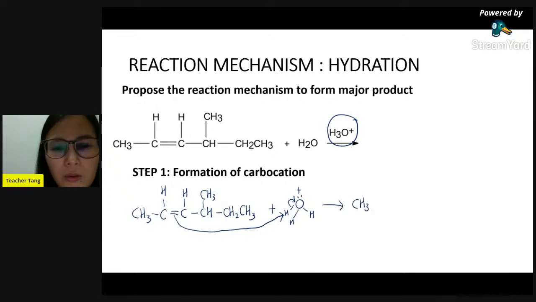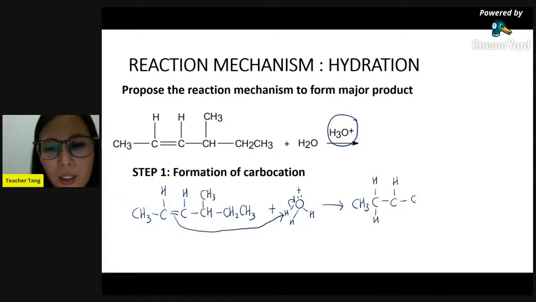And this will give you CH3, CH, H. We want the major product. So H, CH2, CH3. So this is your secondary carbocation ion.